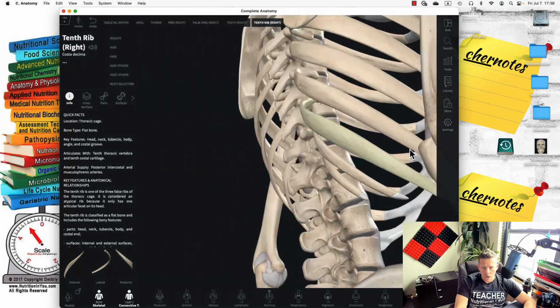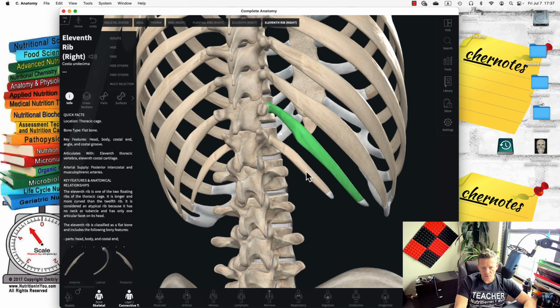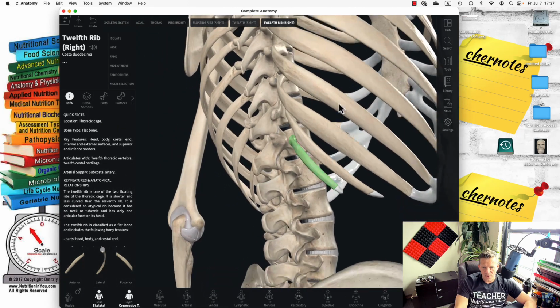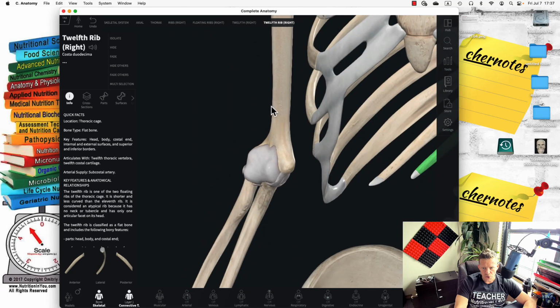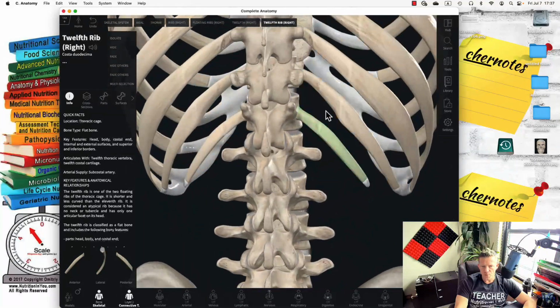The last 2, 11 and 12, are also false ribs, but there's another name for them: floating ribs, because they float in the space. They are not connected anteriorly to the sternum, but they are connected posteriorly to the spinal column, to the vertebrates.